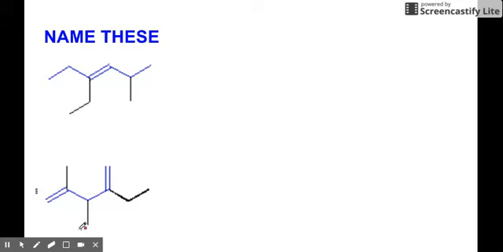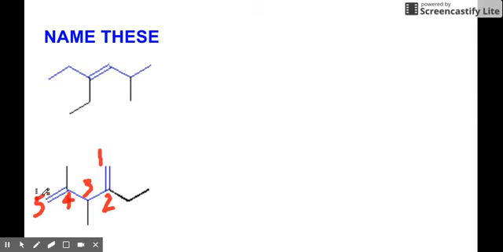Between ethyl and methyl, of course, E comes first in the alphabet. That means we need to start numbering from where ethyl is nearest to. So we obviously start here. So that's our 1, this will be our 2, 3, then this is our 4, and this is our fifth carbon.